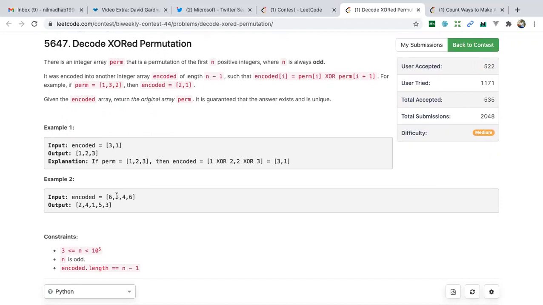But we have to be a bit smarter than that. If we have the encoded array, we have to find the decoded one, right?